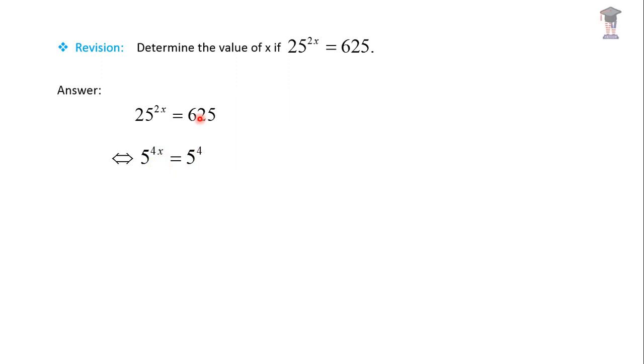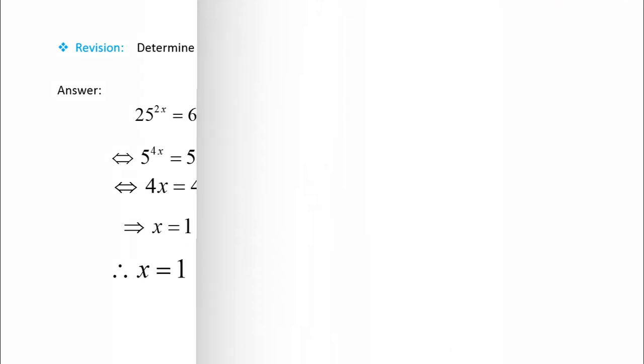And 625 equals 25 times 25, so we can write it as 5 to the power of 4. With the same base we can solve for the power, so we get 4x equal 4, and x will be 4 over 4 equal 1. Therefore x equals 1 as the answer. So that was just a warm up.